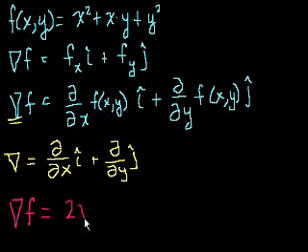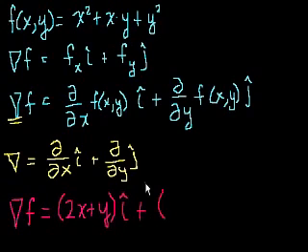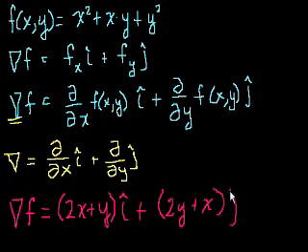That's the partial of this function with respect to x, and we multiply that in the i direction, or in the x direction, plus the partial with respect to y, and this is 2y plus x. We calculated this in the two videos on the partial derivatives, and we multiply that in the j direction.